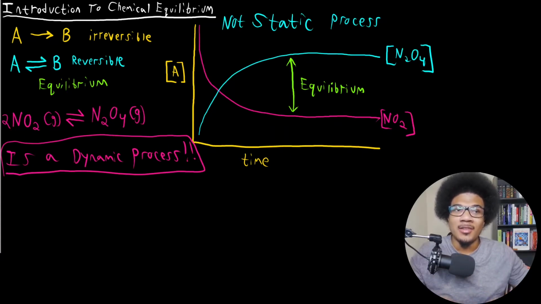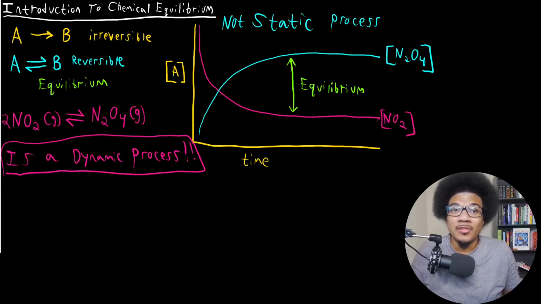Same thing with equilibrium processes. There's still stuff being formed, stuff being decomposed, but it's not enough to actually change the concentrations of the reaction. It's reached a point where the chemical reaction is stable.